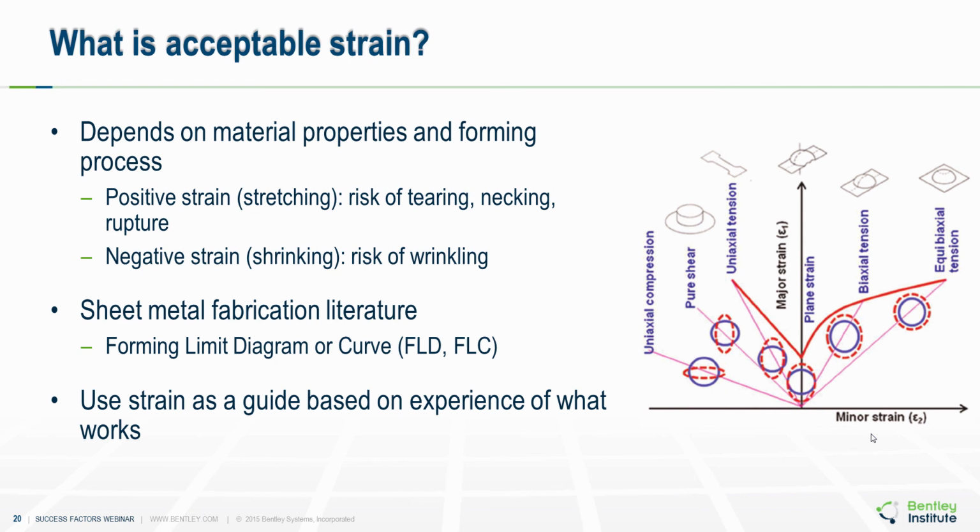You can also use the strain as a guide based on previous experience. If you've already made some plates and you know that 1 or 2% of negative strain is acceptable, you can still pull the plate onto the frames. Then you know in a subsequent design, if you have that strain level, then it should all go together quite satisfactorily.